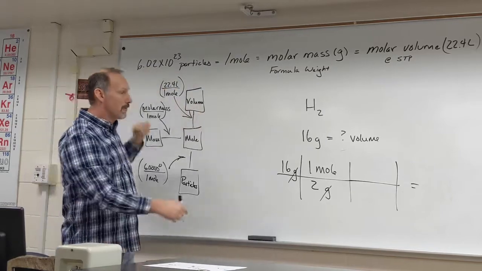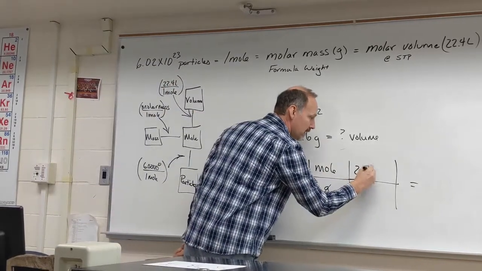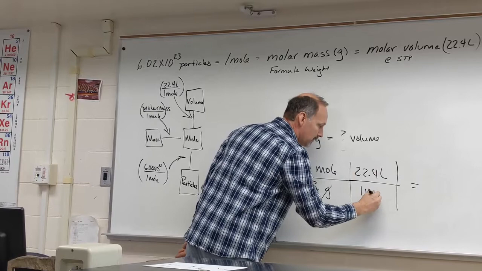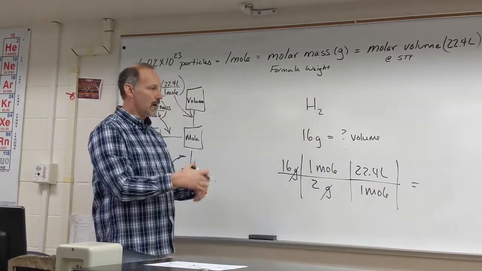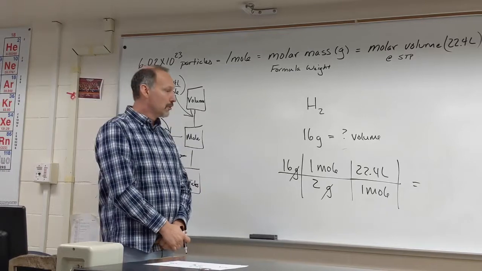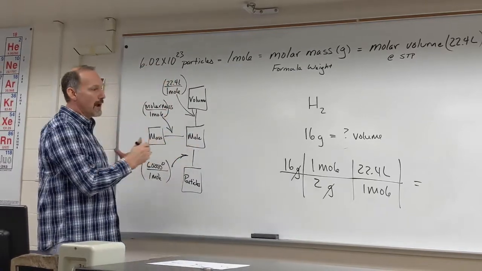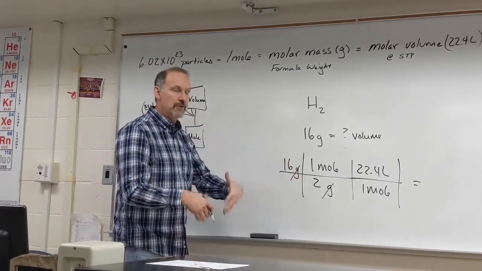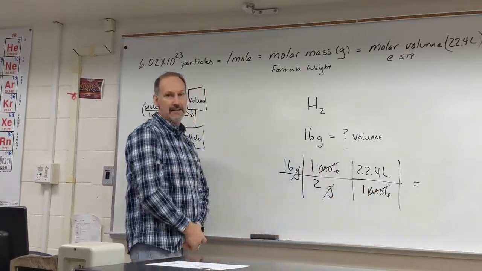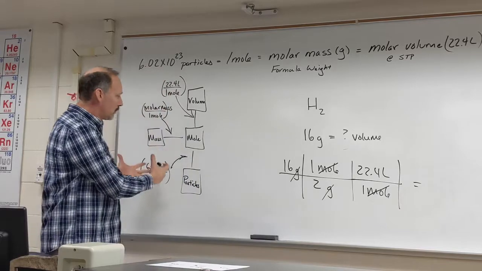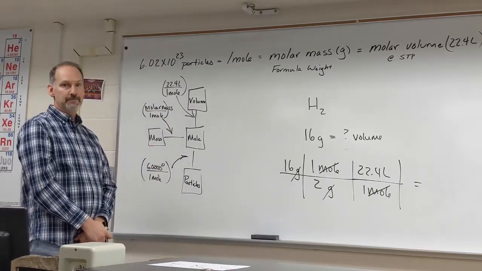So we put 22.4 on top over 1 mole. And we would just take the 8 times 22.4 and solve that problem. No problem. So really simple. We just count the number of brackets, we fill our brackets in, and we do those number of jumps, and we make sure that the units that we don't want cancel out. So that's a quick recap of the chart we did.